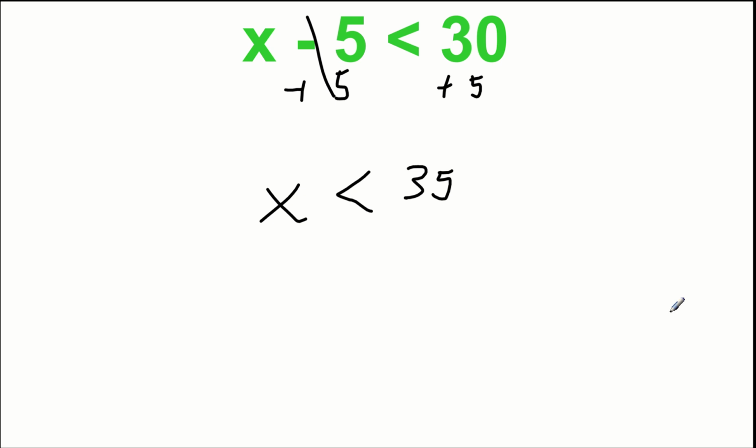No, because 35 is not less than 35. 30 would be an answer. Negative 875 billion is an answer. Anything less than 35. But 35 is not an answer unless. And then anything over 35 is not an answer either.